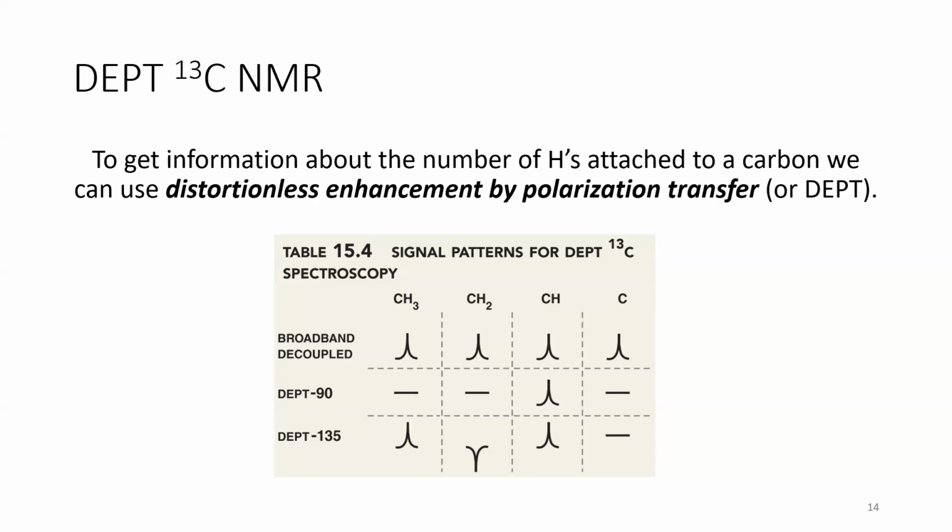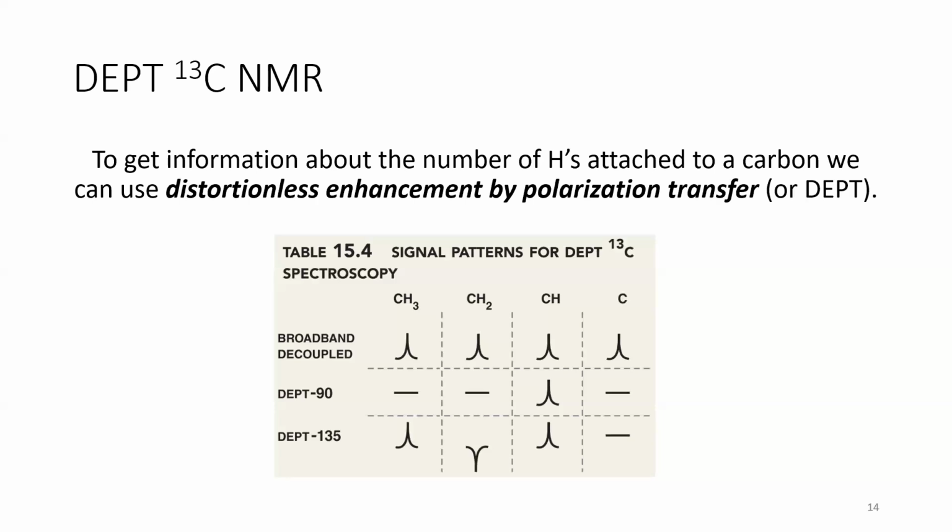But this can tell us the number of hydrogens that are attached to a carbon, because the carbon-13 has a certain interaction with the protons attached to it. If we process the signal just right, they call this DEPT, which stands for distortionless enhancement by polarization transfer.